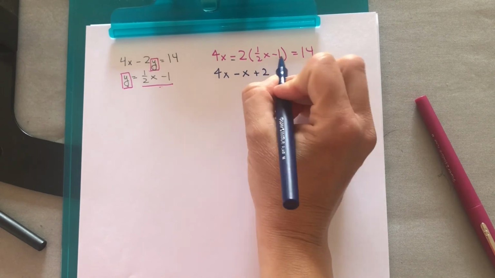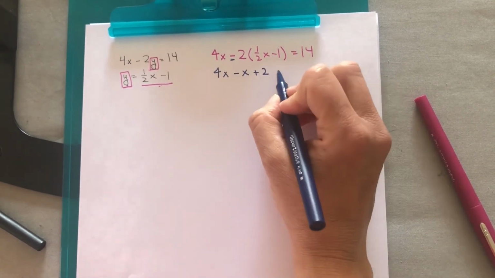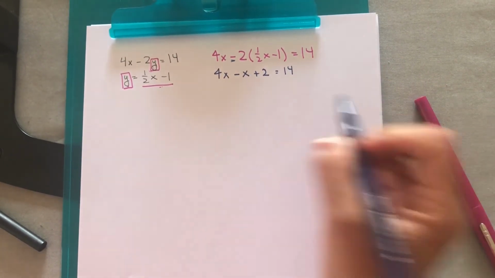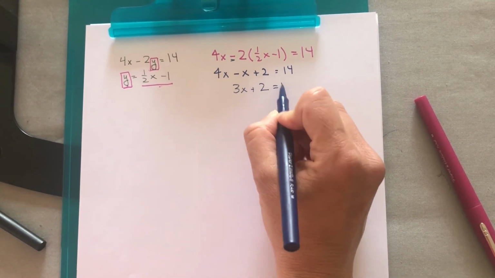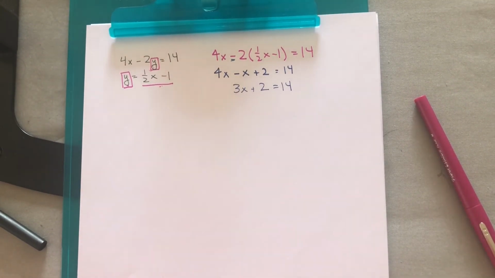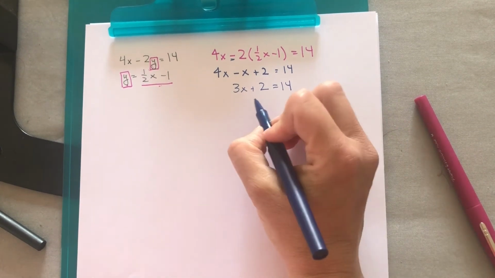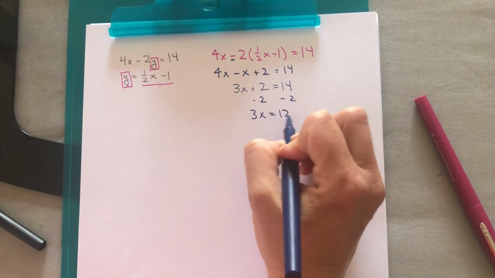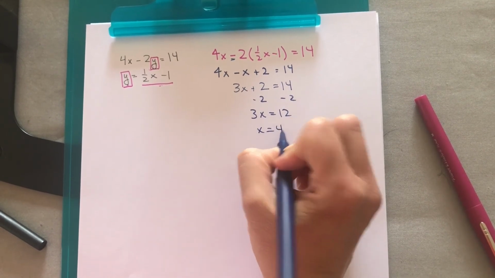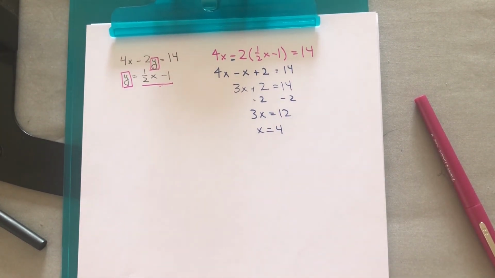Remember to be careful with our signs. Minus minus makes plus. This is why it's important to always check your solutions, because it's easy to make a mistake here with the integers or with solving. So based on my solving of that equation, the value of x for the solution is 4.